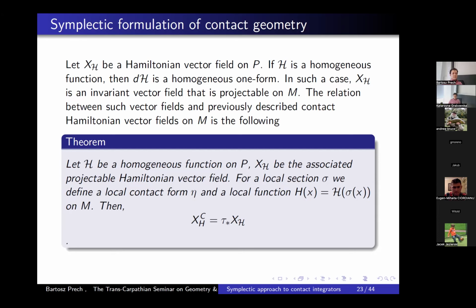So we can do this in different directions. On the contact manifold, we upgrade it to the symplectic manifold. If we do it appropriately, then the respective contact Hamiltonian vector field will land in this projectable one, and we can use the symplectic integration method and then project it onto our base manifold.